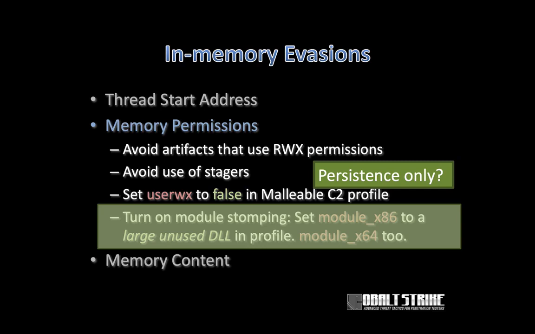Instead, I would consider using module stomping on a team server dedicated to long-haul access or for your persistent beacon payloads. This step will make your beacons a little bit harder to find in memory and is a good practice to separate your persistence callbacks from your post-exploitation ones.